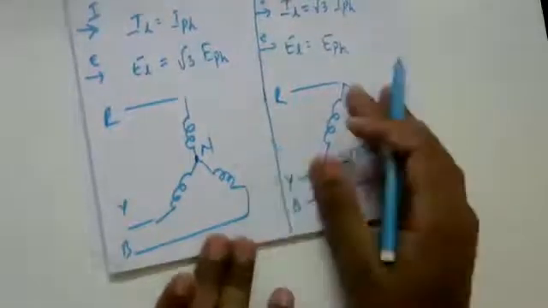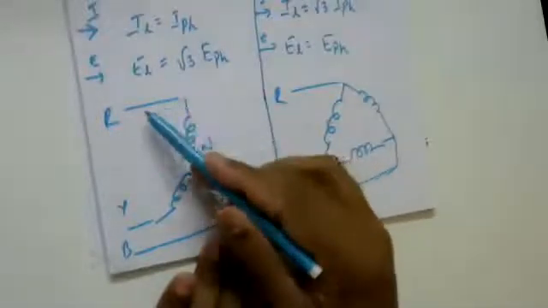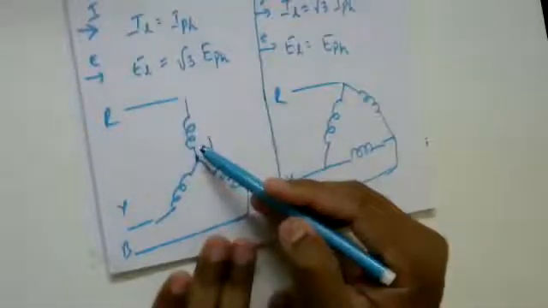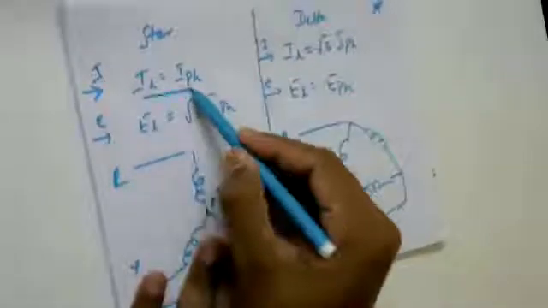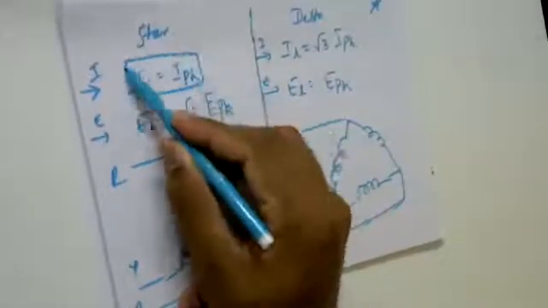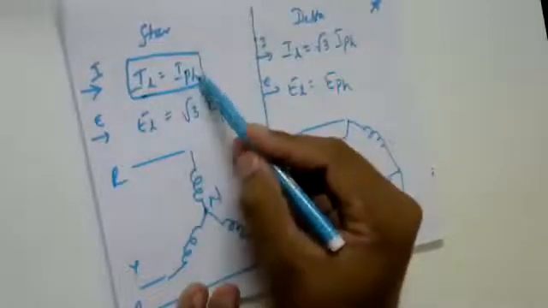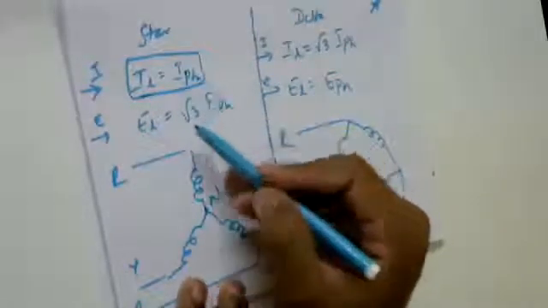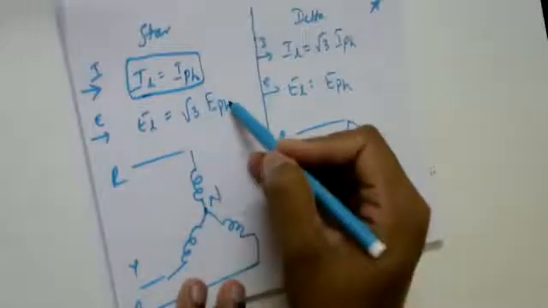Over here, if you see, there is only one kind of current which is going to flow in the circuit. Therefore you need to remember that line current is equal to the phase current. If line current is equal to phase current, then correspondingly your line voltage has to be root 3 times that of the phase voltage.